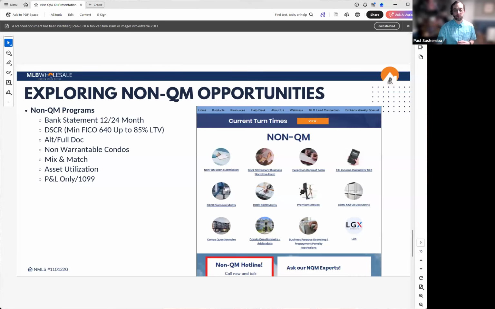Plenty of opportunity for that kind of flexibility, but it does take some creativity and some thought about how to package that together to know which components we need to use to get the client across the board. When we do that, we're going to take whatever the most risky income calculation type is, and that's going to set our LTV max and our overall pricing, since different income calculation styles are going to price differently in the non-QM space based on risk.